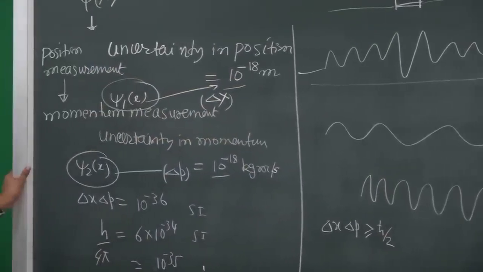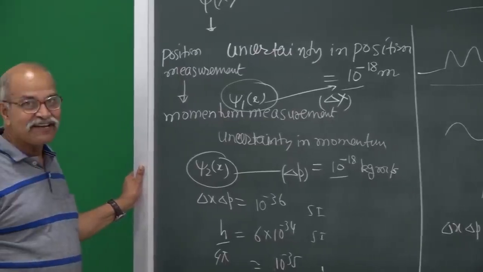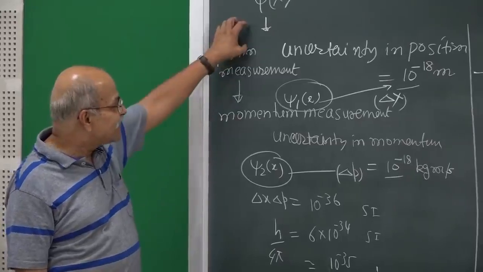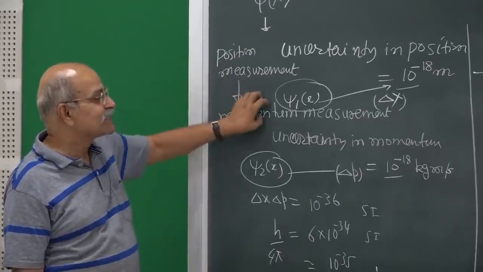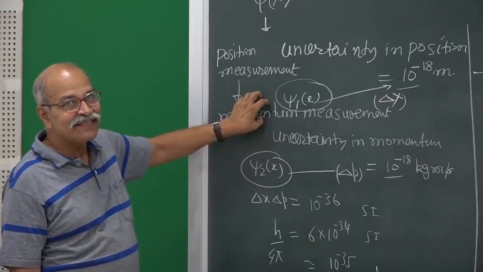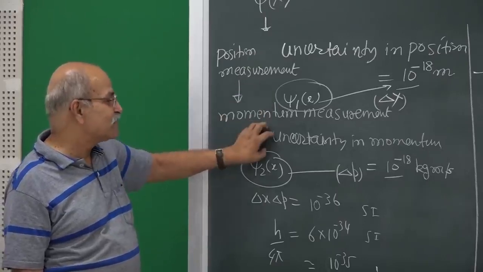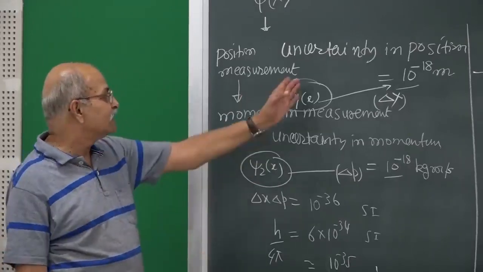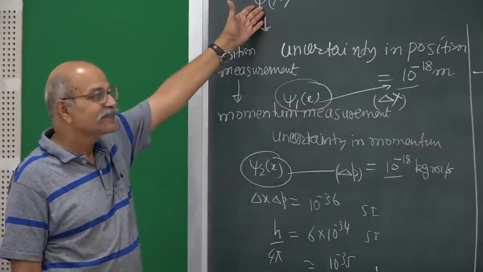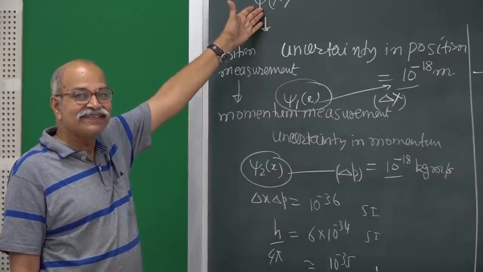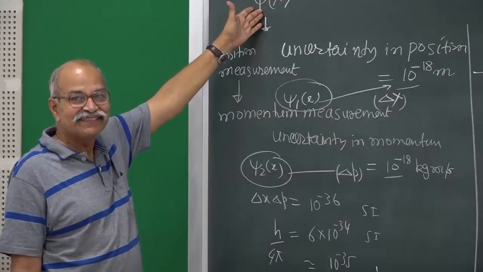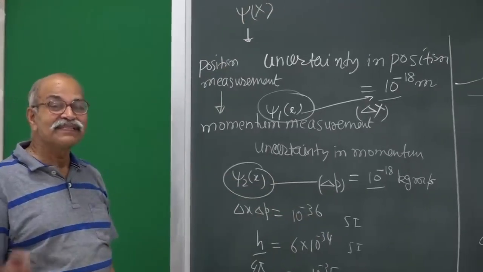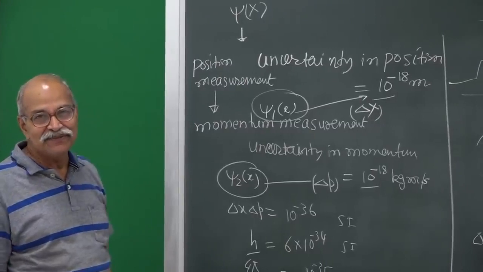Even if I come up with the same state again, suppose I have made a position measurement, and I do not make a momentum measurement here, but I again prepare my particle back in this state and then make a momentum measurement, even then I am not going to get this delta x into delta p, because for a single measurement there is no limit.